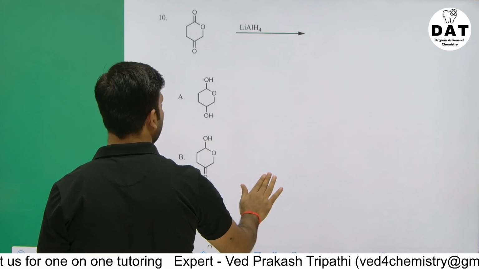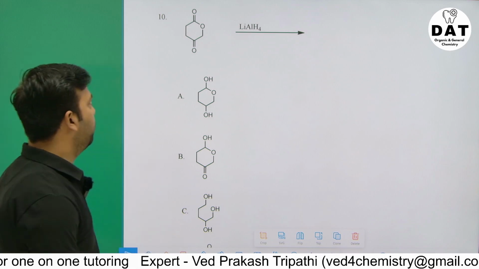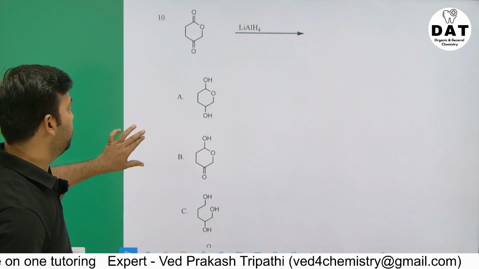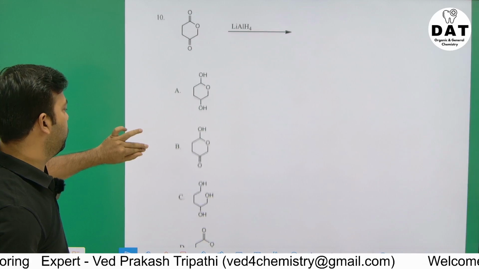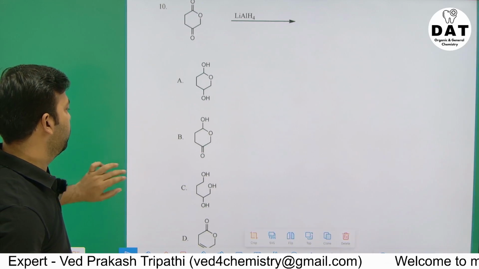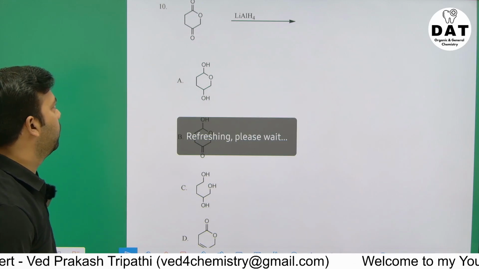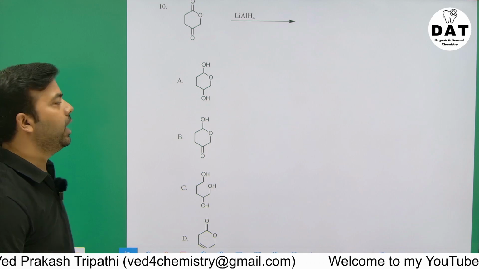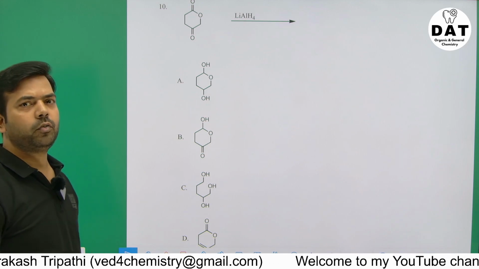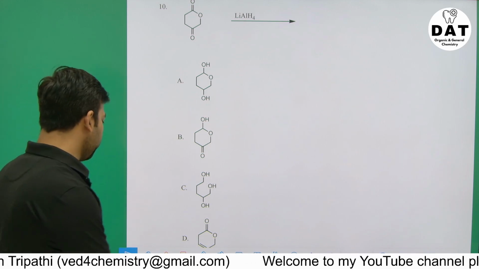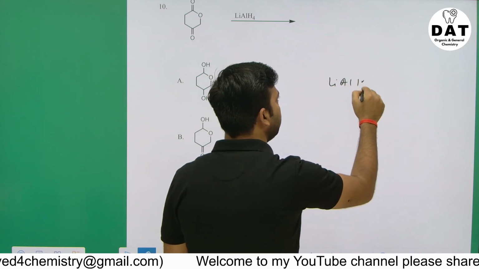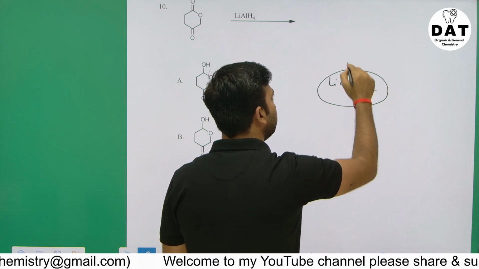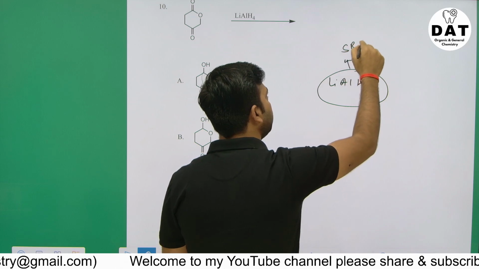Okay, we have only option C. So we are using LiAlH4. First of all, you should know what is the key function of LiAlH4. LiAlH4 is a strong reducing agent.